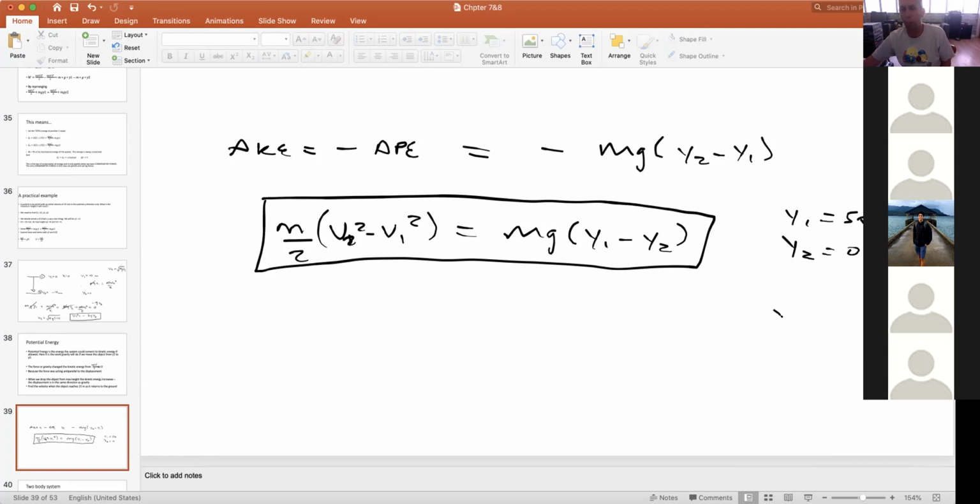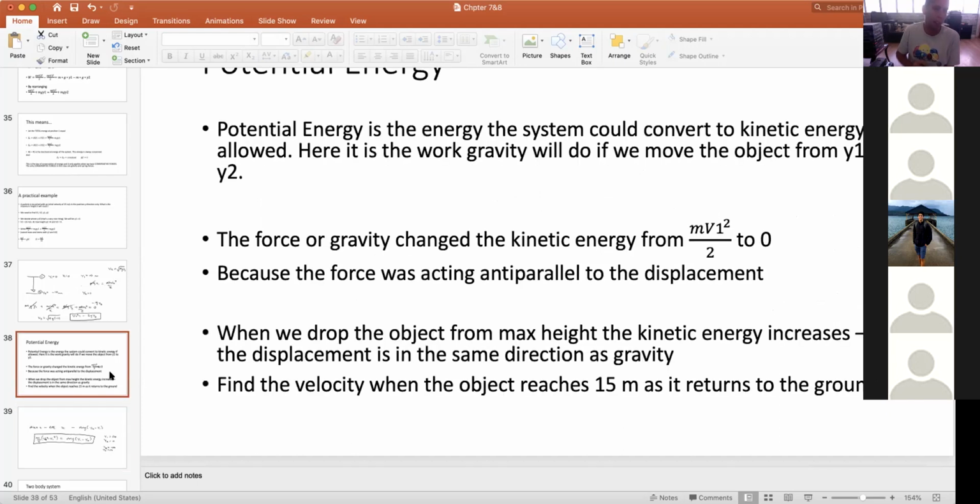Or if y2 is 50, then y1 is 100, because it had to fall 50 meters. Whatever you get so that you get 50. It's pretty easy. That's just a side point that'll come up sometimes.